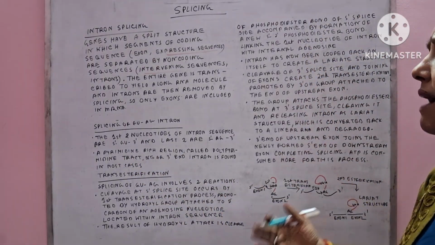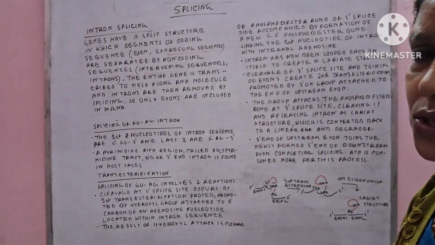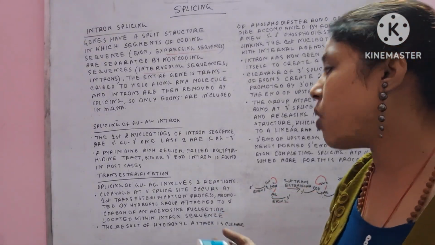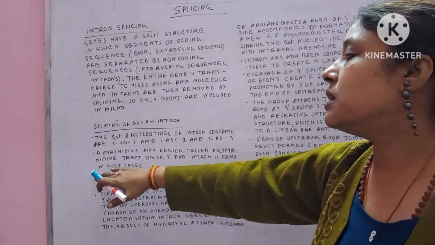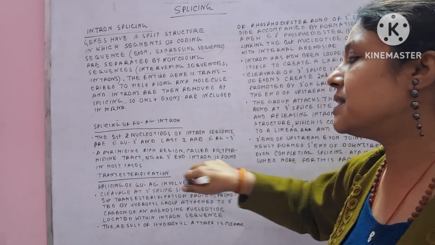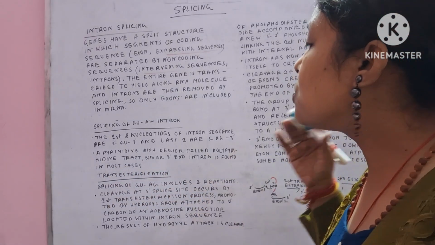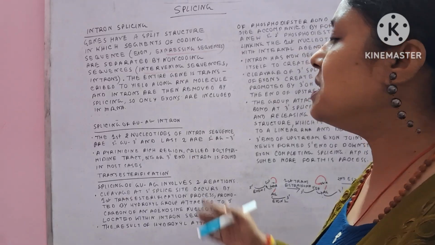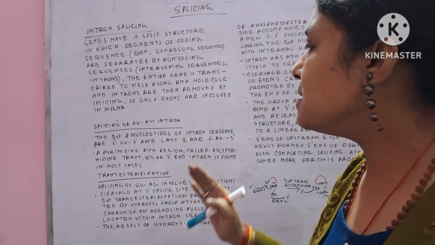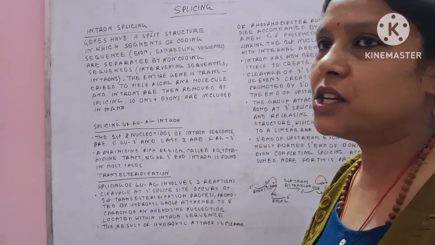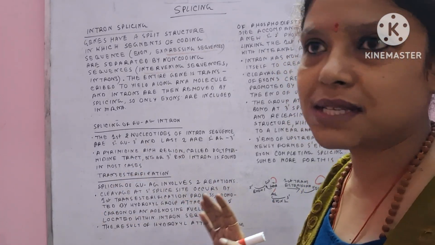Next, the reaction by which the splicing process occurs is called the transesterification reaction, and it contains two phases: the first transesterification and then the second transesterification.